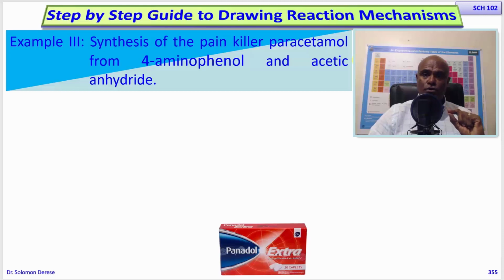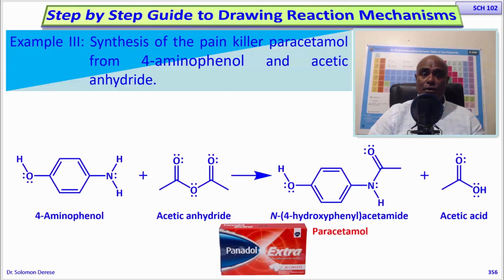What I'm going to do is take you step by step through how Panadol is synthesized from 4-aminophenol and acetic anhydride. So we are going to go through this reaction step by step. When 4-aminophenol and acetic anhydride react, we get N-(4-hydroxyphenyl)acetamide, otherwise known by its commercial name paracetamol.